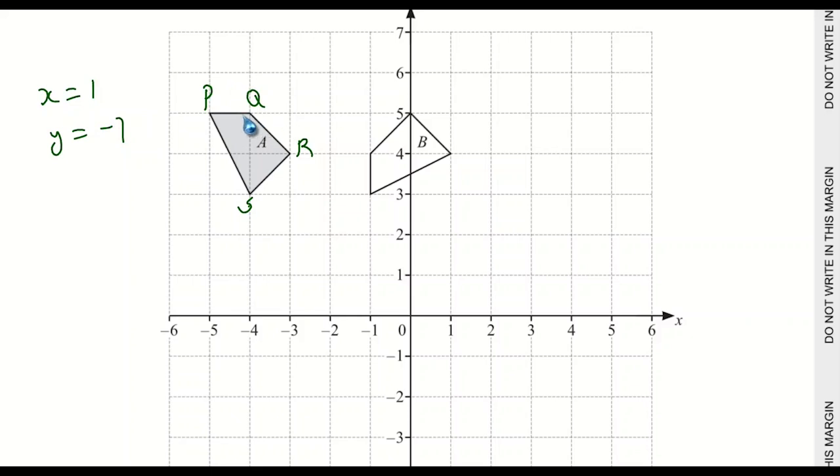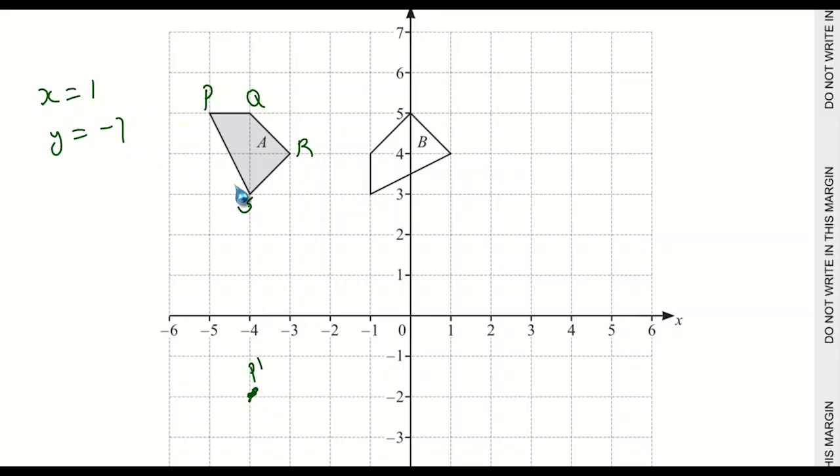So we move to the right once and come down 7 times. Let's start with P. So it will be 1, then 1, 2, 3, 4, 5, 6, 7. So we have P prime here now.